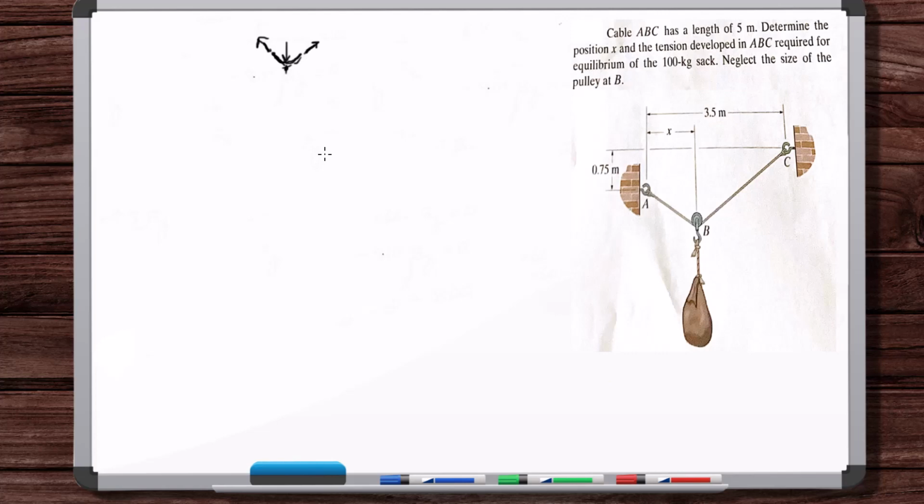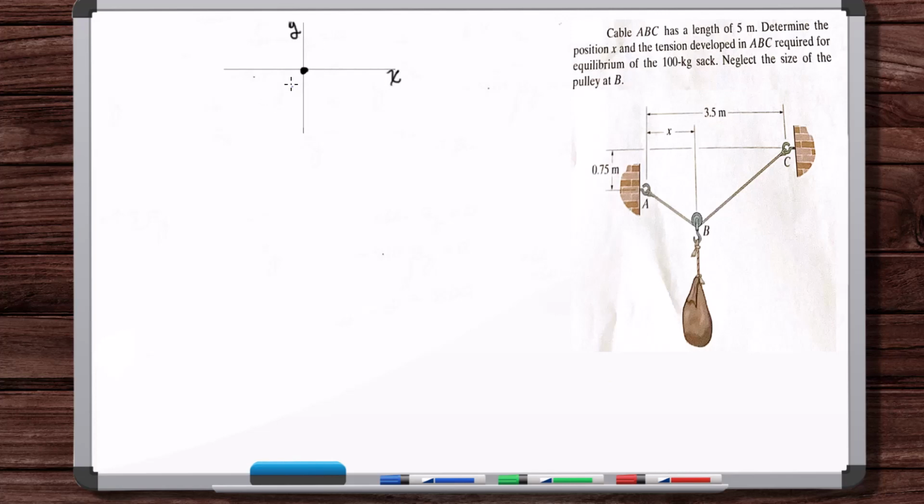So that's valid. So again, this is particle equilibrium. Since all the forces meet at a point, we can just model that portion of the rope as a point, okay? And then let's put the origin of the coordinate system going through that point.